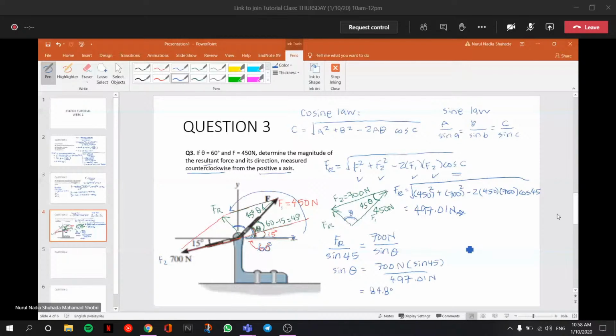Since the question wants us to measure its direction from the positive x-axis counterclockwise, that means we already have the value here, so we just need to add the angle given here.